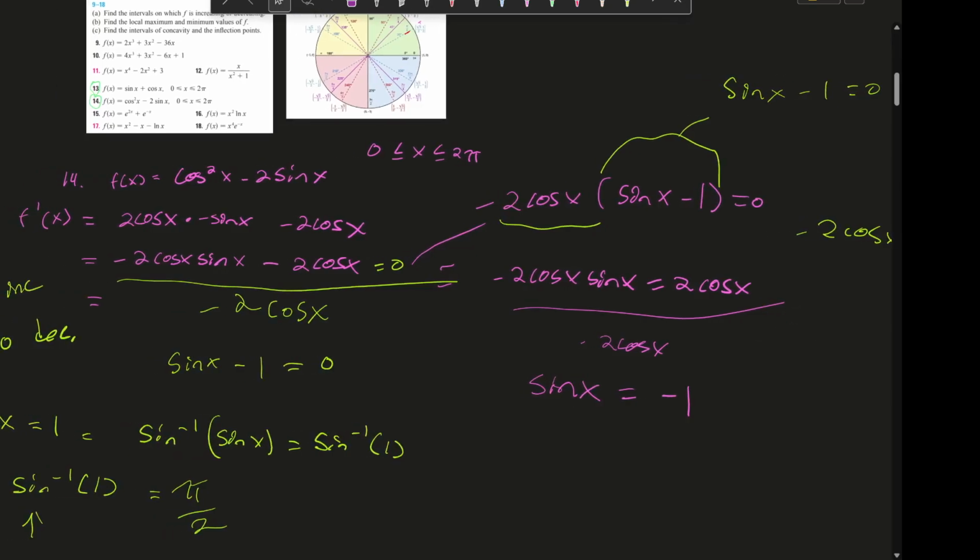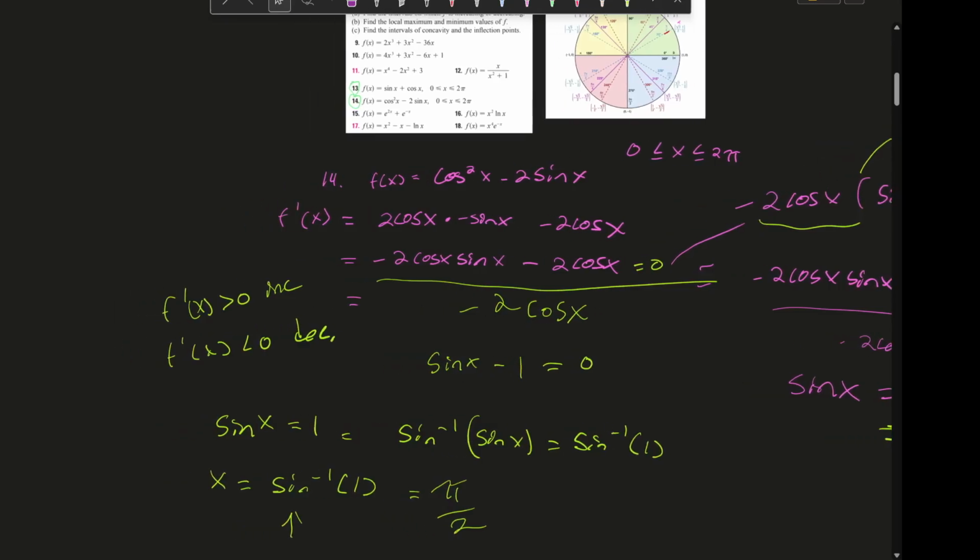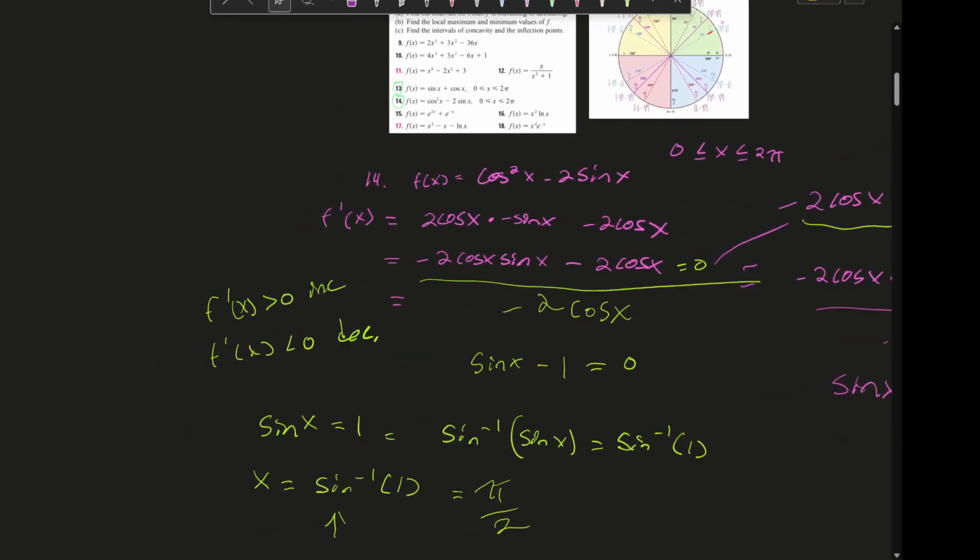From that second method where I moved everything over before I divided, I got -1. Now I'm kind of second guessing if what I did here was legal, dividing out 2 cosine x. I mean, I think it is.